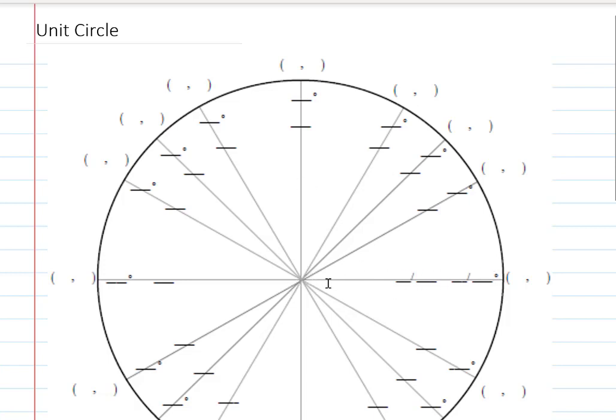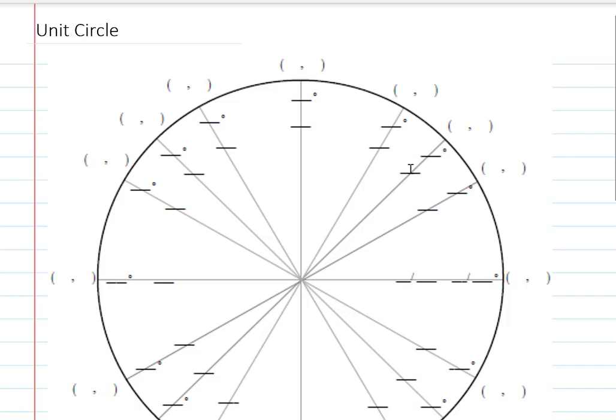So then we're going to start filling in some of these known angles. Notice how for each angle here, there are two spaces. One is going to be for the degrees and one for the radians. So we're going to use both measures here so that you can compare them back and forth. And for those that are not used to radians yet, you can start getting used to these, right?